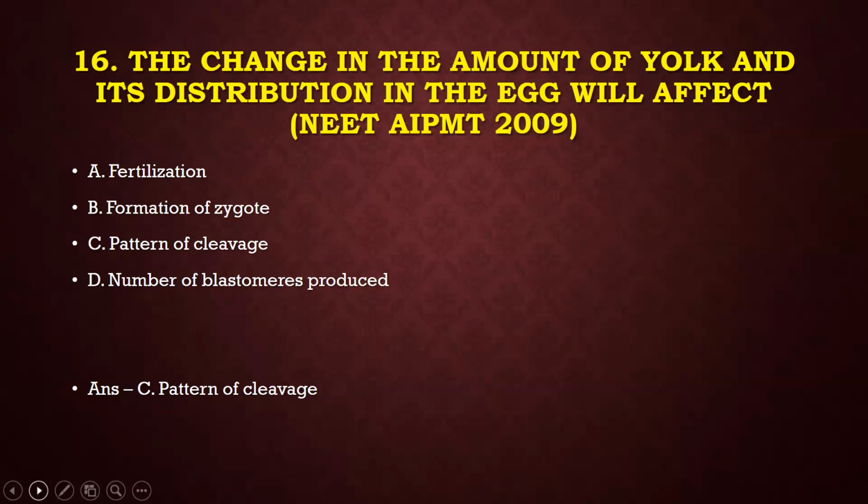The 16th question: the change in the amount of yolk and its distribution in the egg will affect, asked in the year 2009. Option 1, fertilization, option 2, formation of zygote, option C, pattern of cleavage, and option D, number of blastomeres produced.